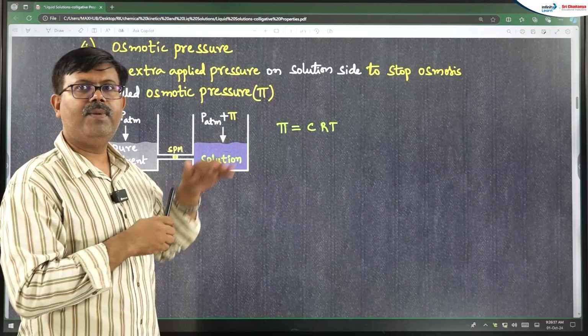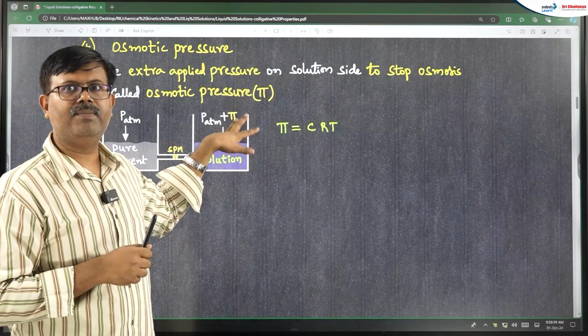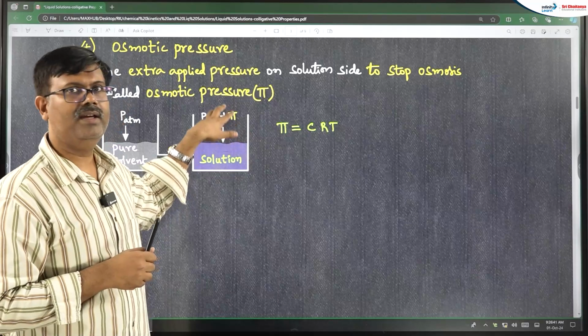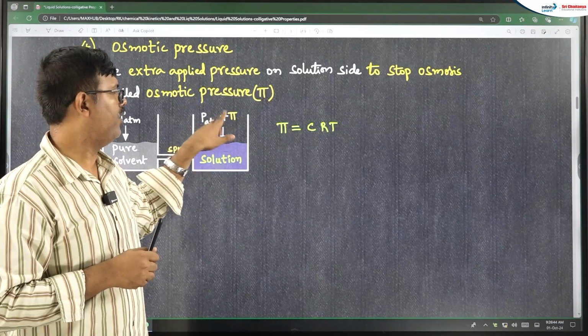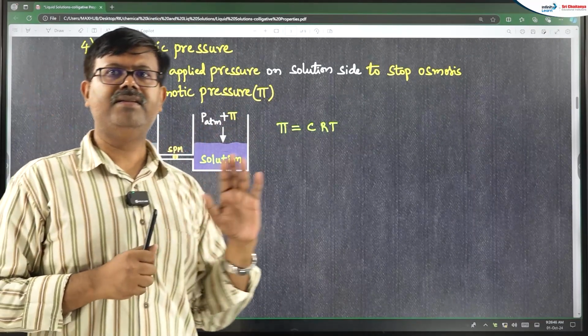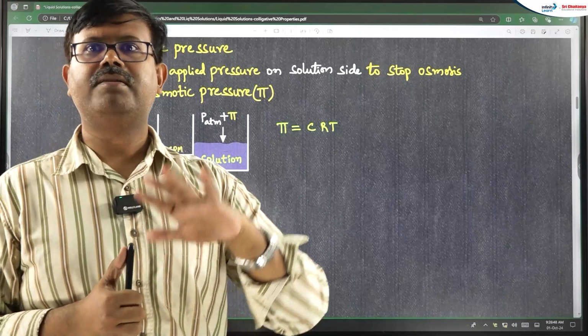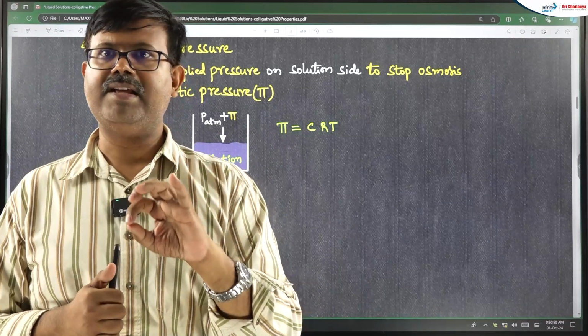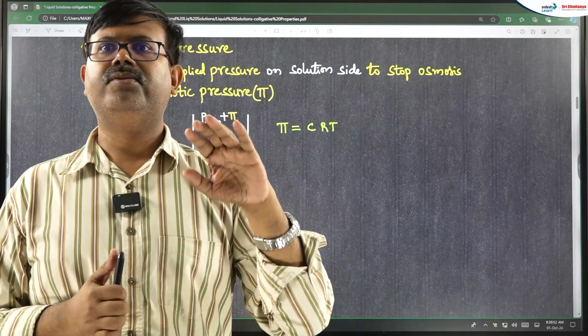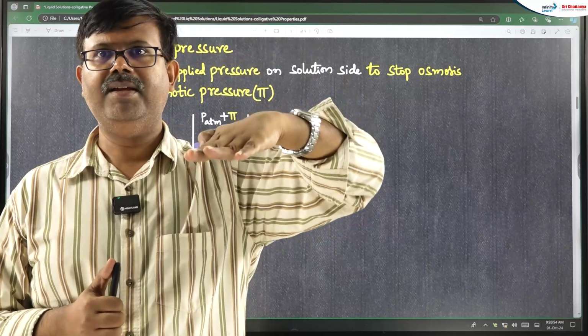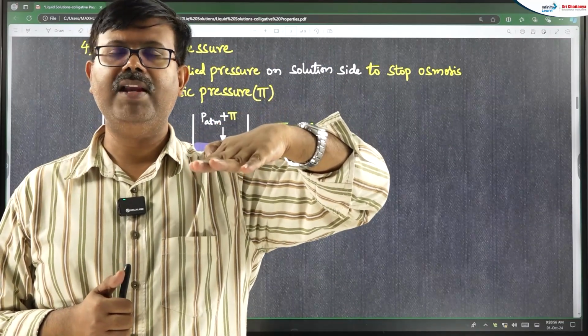And if you keep increasing the pressure so high that it is equal to the value of some pi. Okay, pi is not 3.14 here. Pi is denoted as osmotic pressure. So if you apply that much pressure, then what will happen?